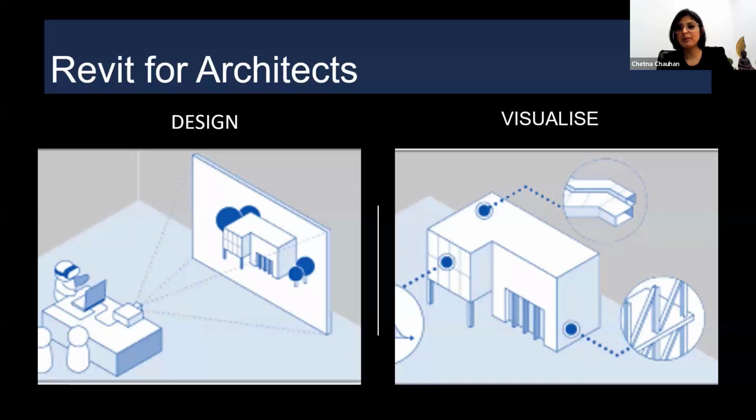I remember back in 2012, when I was getting ready to move to Canada for my new life, I was so excited. I started researching and saw that a lot of jobs were asking for Revit. So I said, okay, let me learn this software.